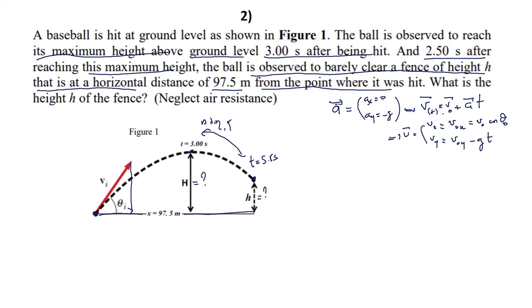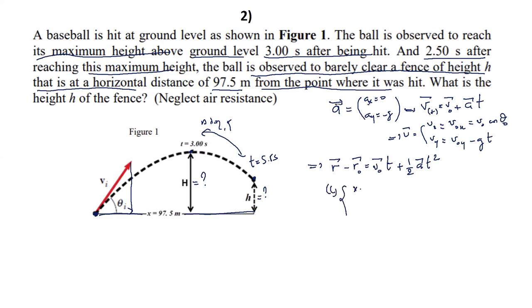Got it? Now from this, I can get the position. r minus r naught is just v naught t plus half a vector t square. Okay, good. So that means component by component, this is true because this is a vectorial equality.